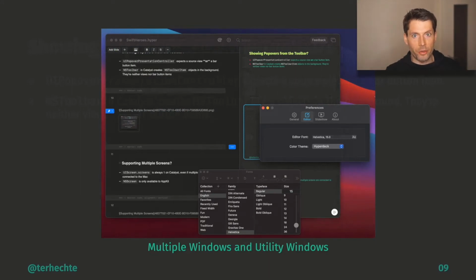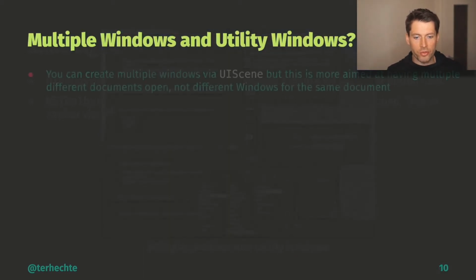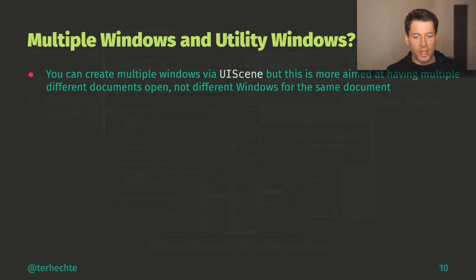Another thing is that you might want to have multiple windows. This is another thing that is very common on the Mac. As you can see here, we have the preferences window and then there's the font selection window. And these windows are distinctly different from the main window. And obviously, iPadOS has windows with UIScene, but these are really aimed more at having different document windows, where each window has the same content and structure.